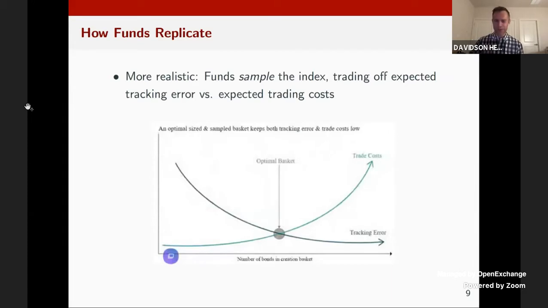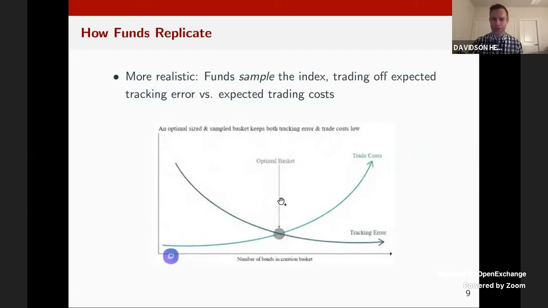So this is in, I think, a Fidelity.com white paper that my co-author and I came across a little bit after that discussion, and we thought it was pretty great, right? Because it suggests that we're probably right about this. Here's this Fidelity white paper that says you can actually sample your underlying index assets in an effort to statistically replicate your target index.